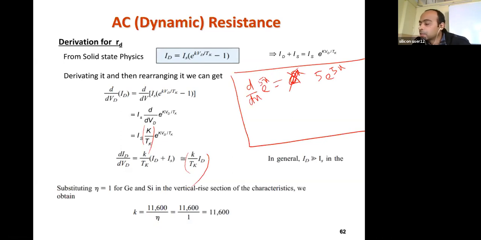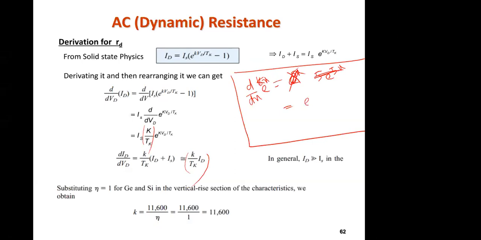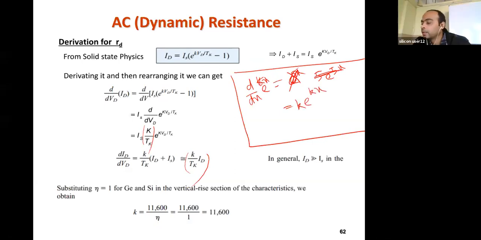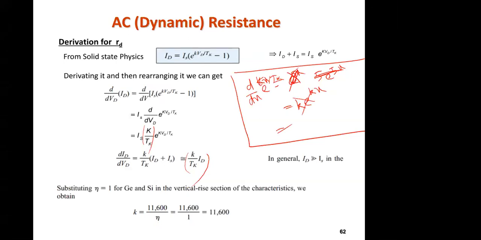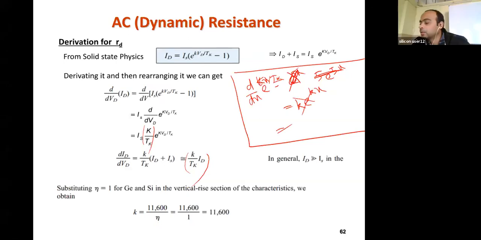Similarly, if it is kx, d by dx of e to the power kx is k e to the power kx. Here, if it is k by Tk x, how much will it be? Now tell me. What did you do above: k by Tk, d by dx of e to the power k by Tk x.